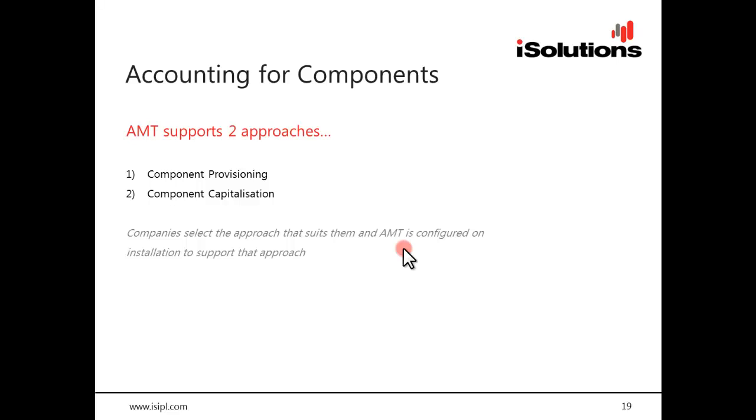So we have built AMT with the flexibility to support both of those processes. And so it's really important that at the start of any AMT installation, companies nominate which approach they want to use, because we do configure AMT. There are some configuration settings to support the different approaches.